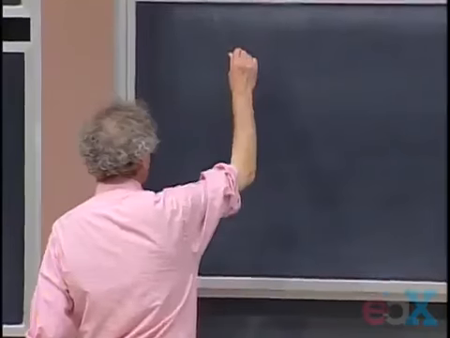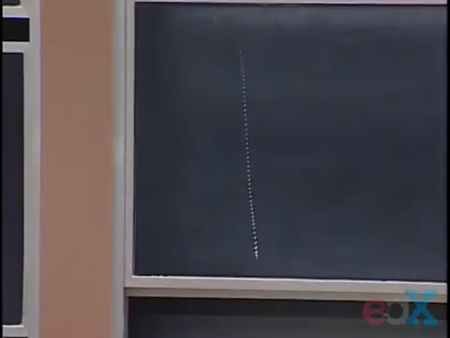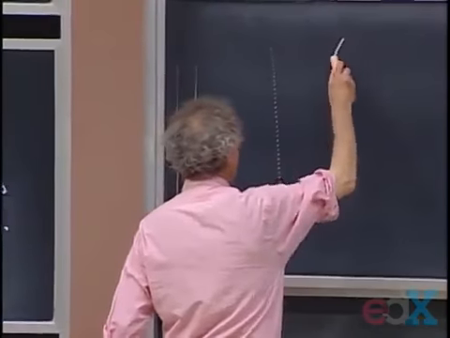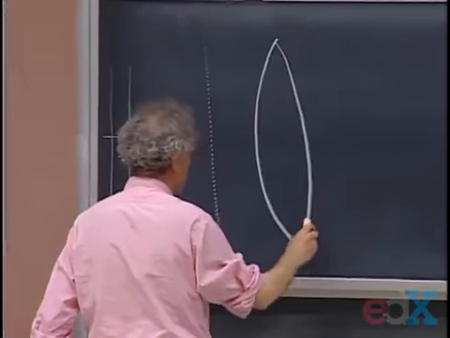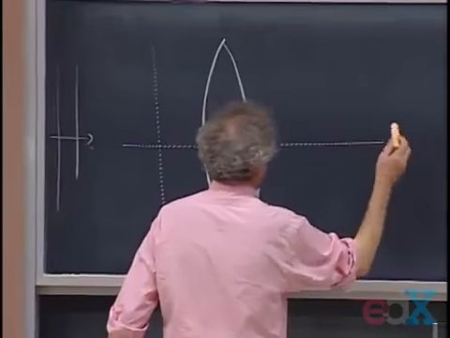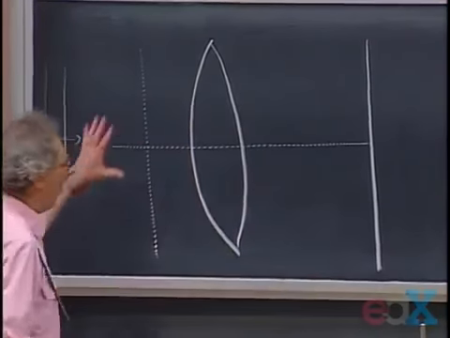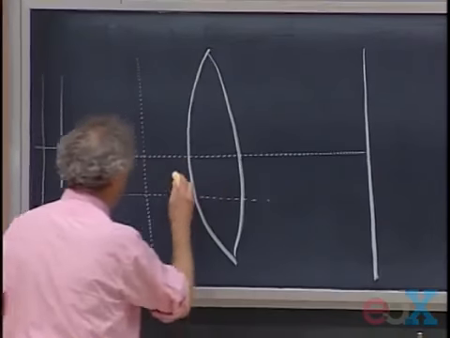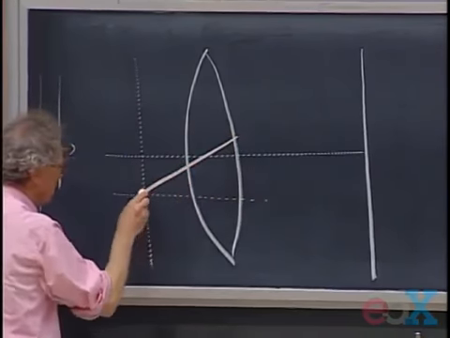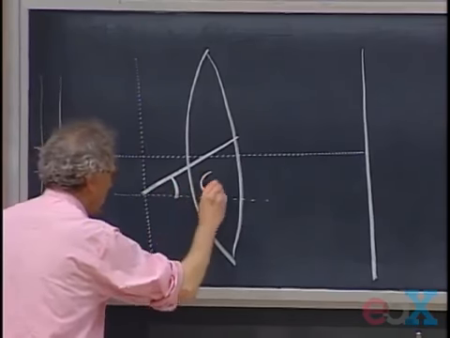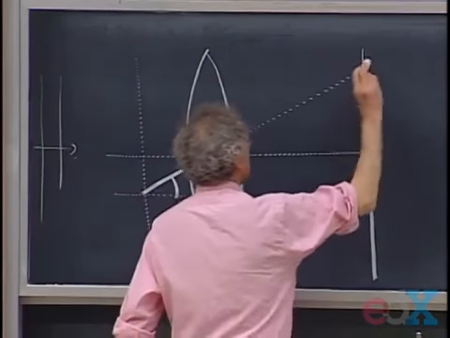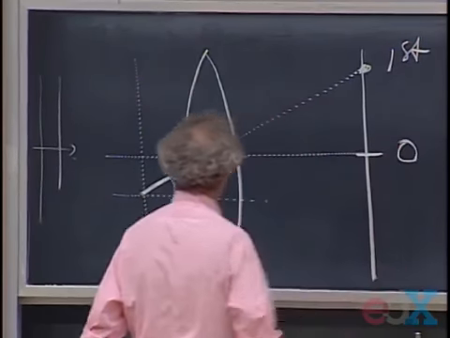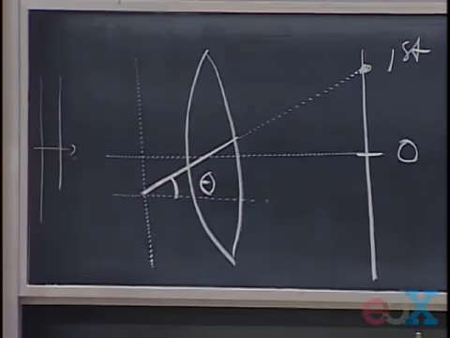If this is a grating, this is the number of sources that I have, and the light comes in this direction, and I put here a lens, and this is the screen, the focal point of the lens, then the angle theta at which I would have expected in this direction my first order maximum, and here of course my 0 order maximum, the lens will not change that angle.